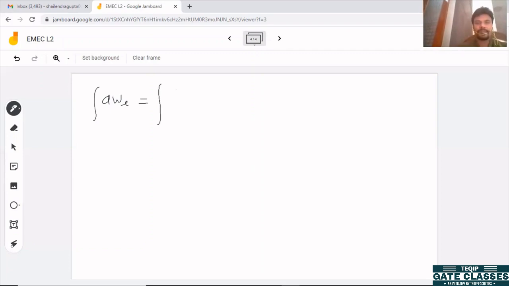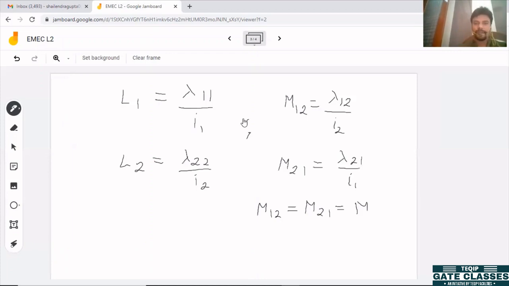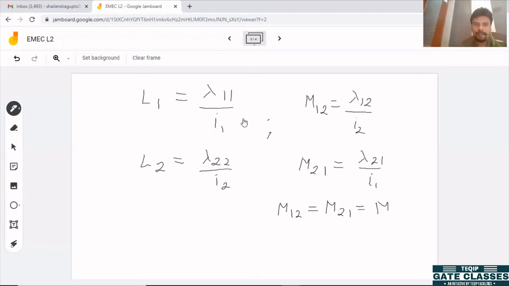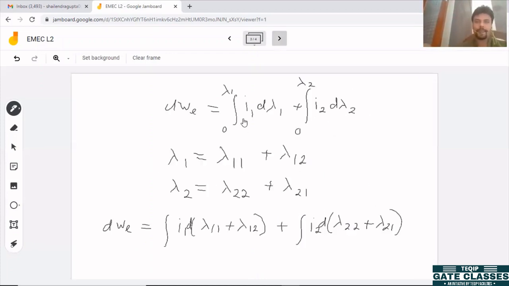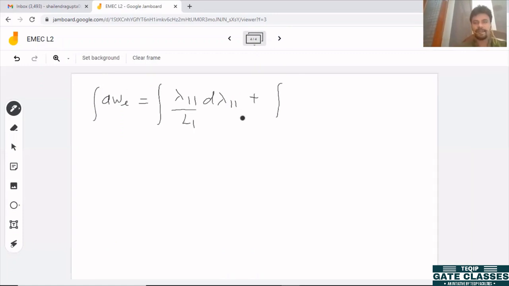So this is lambda 11 upon L1 d lambda 11 plus, now here it is lambda 12, so let me take out d lambda 12 with I1.